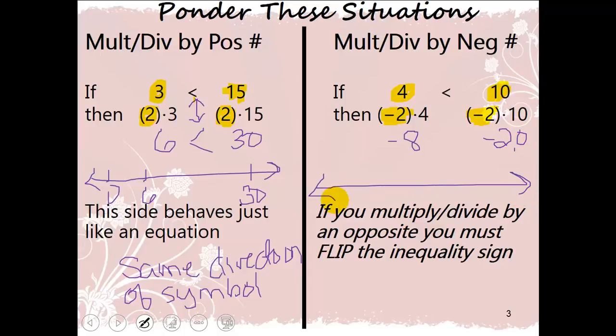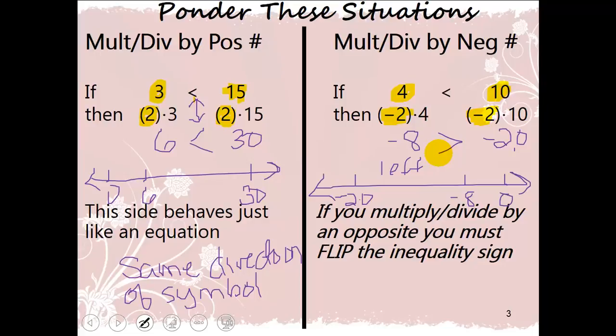You'd rather owe them $8, because you wouldn't be in such debt. Here's 0, here's -8, here's -20, right? So -20 is to the left of -8. That means -8 is bigger than -20.